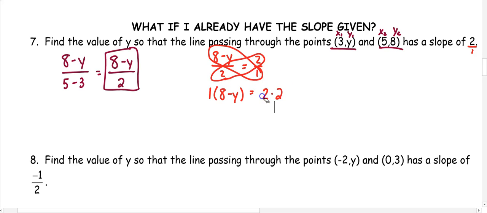Remember when you cross multiply, you're multiplying the numerator and denominator from opposite sides of the equal sign. So we get 8 minus y equals 4. I can subtract 8 from both sides. Negative y equals negative 4. And we divide by negative 1. Our other y coordinate would be 4.